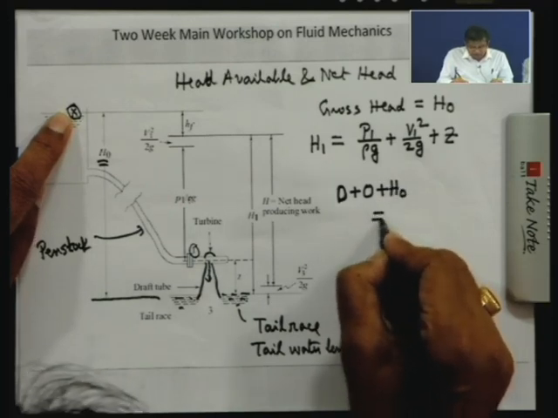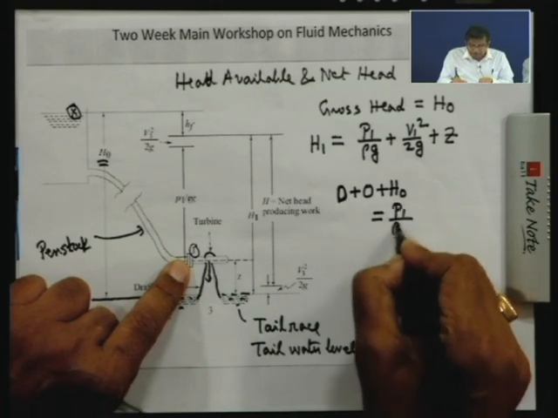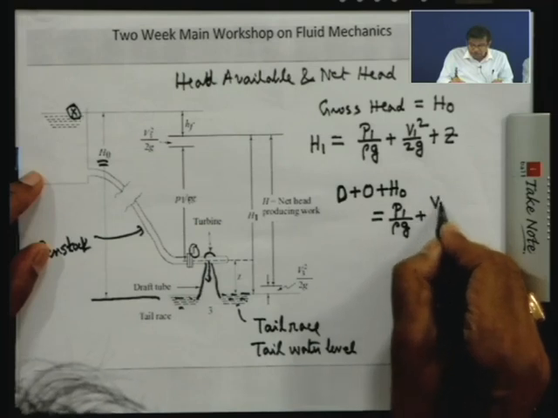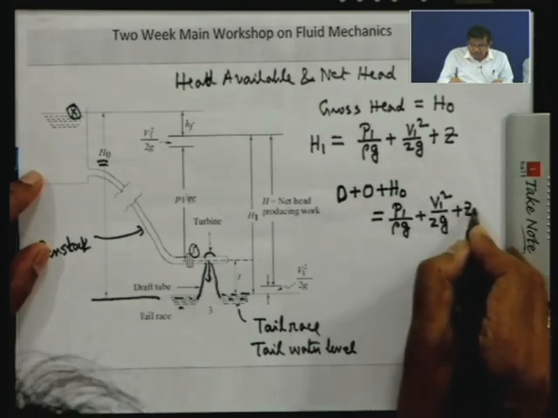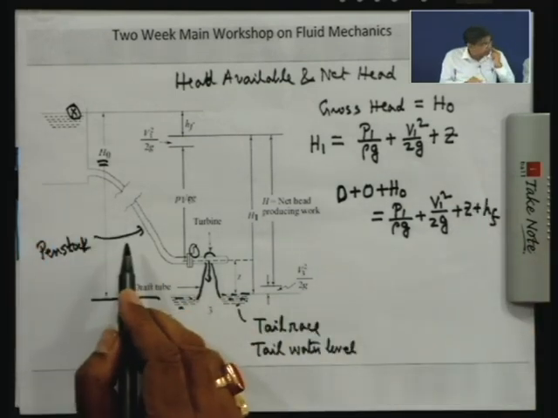This must be equal to the pressure head P1 by rho g, which is above atmosphere, plus V1 square by 2g plus Z plus the losses which take place in the penstock.